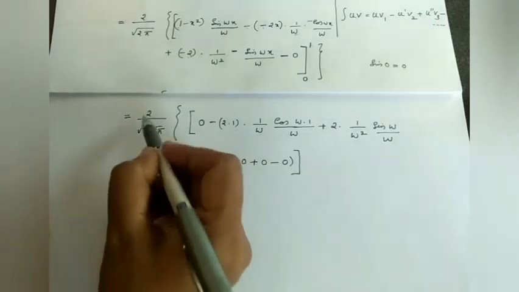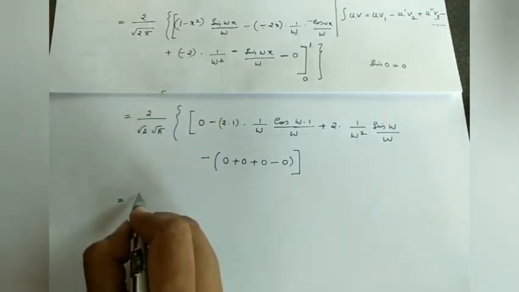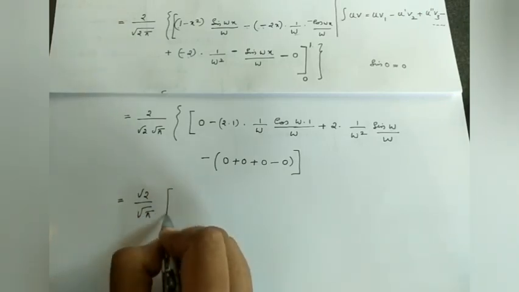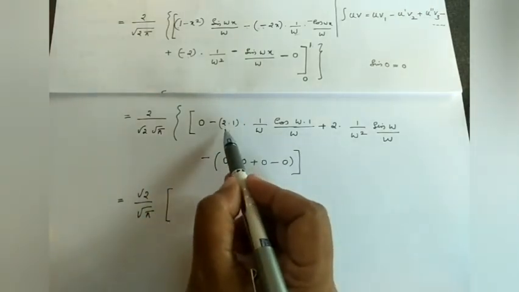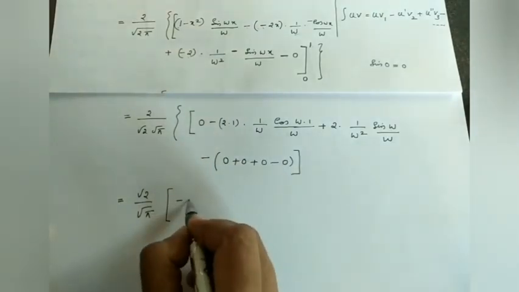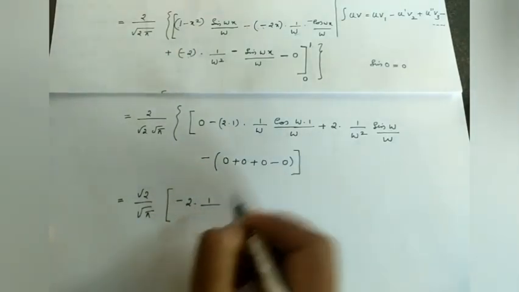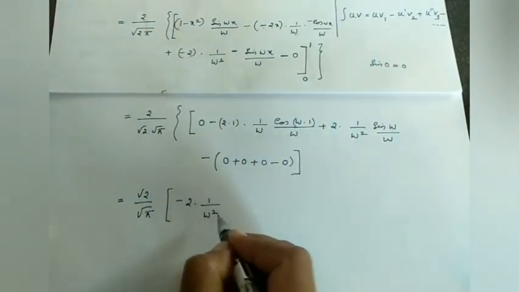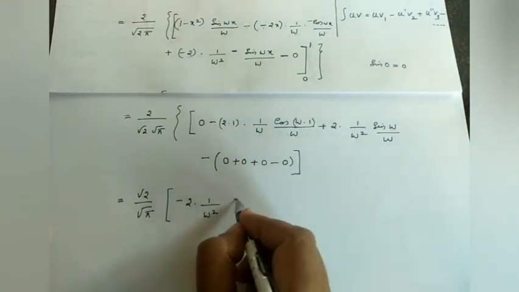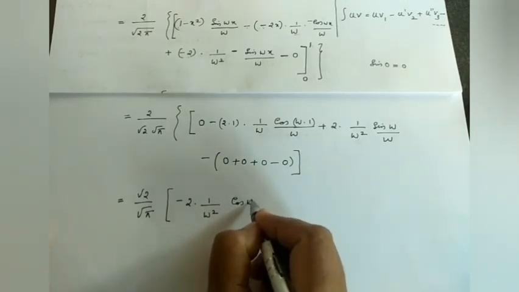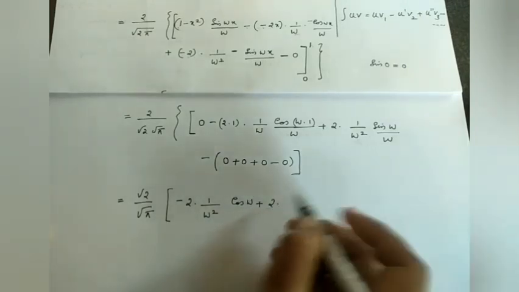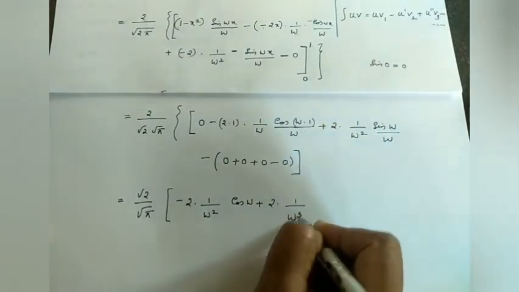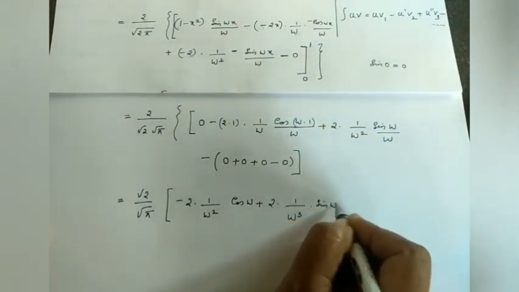That is equal to root 2, and 2 cancels, we get root 2 by root pi into minus 2 into 1 by omega square into cos omega into 1, that is cos omega, plus 2 into 1 by omega square into omega, that is omega cube, into sin omega.